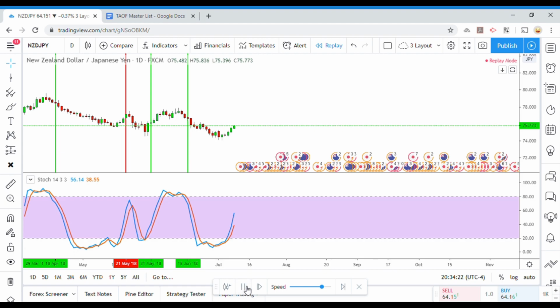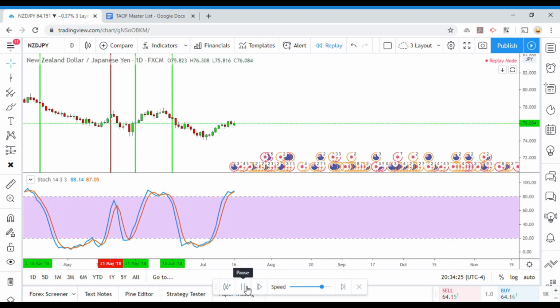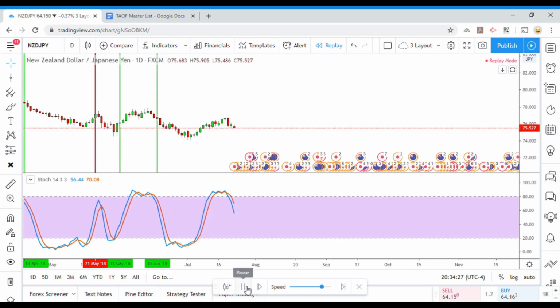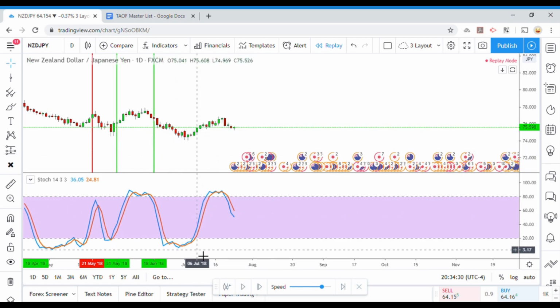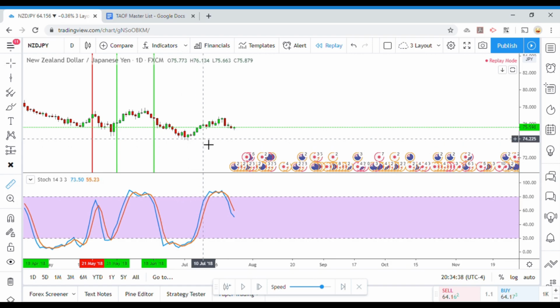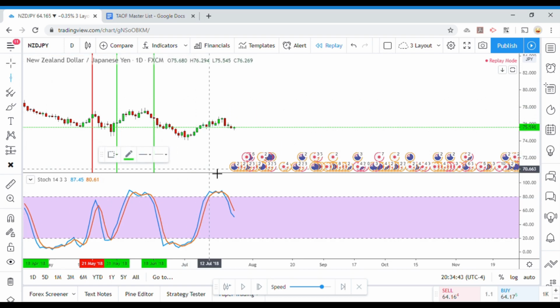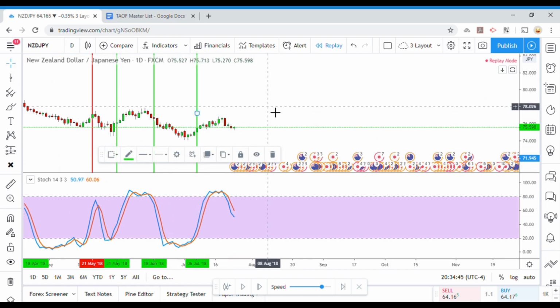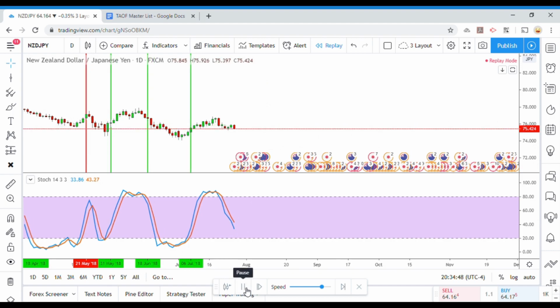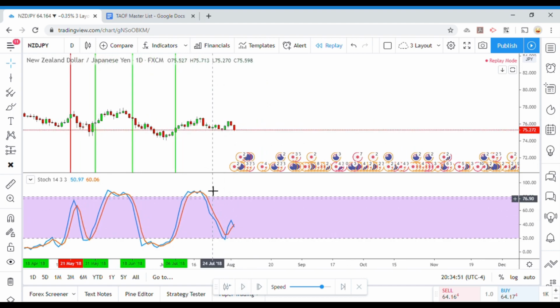And there's another cross. That would be our entry. I don't know if we got it there. It'd be really close. Let's see. Yeah, we did. Alright, moving along. Oh, that's right, we took a short signal here.